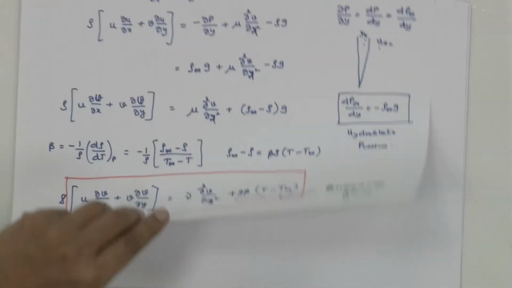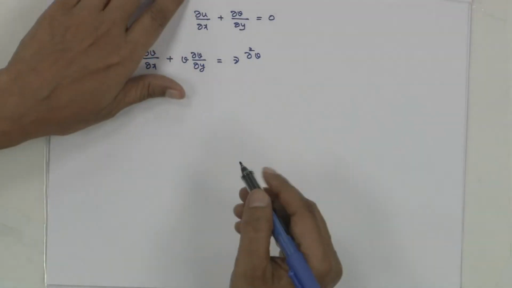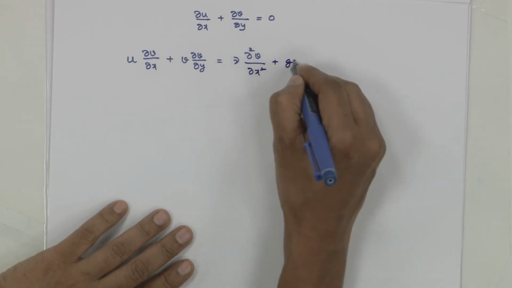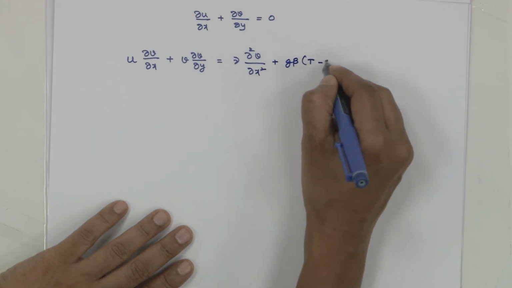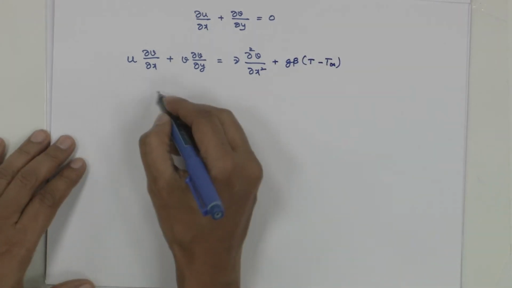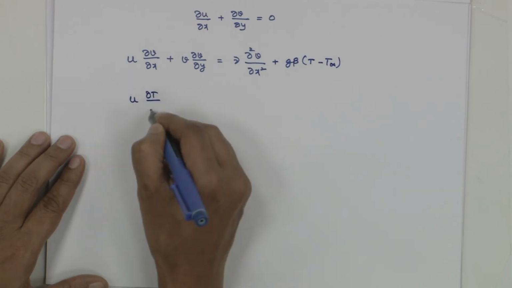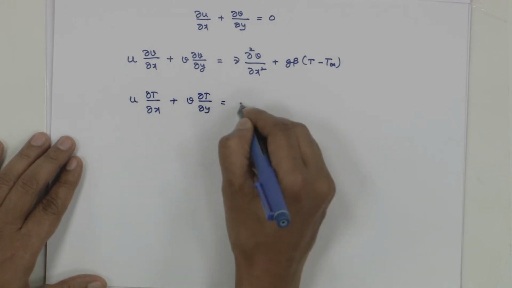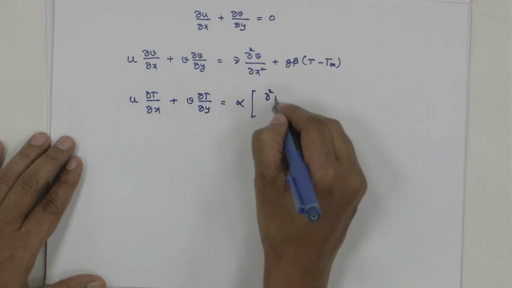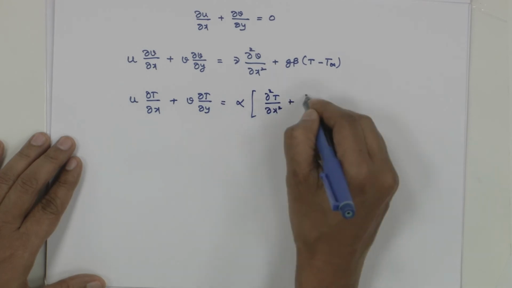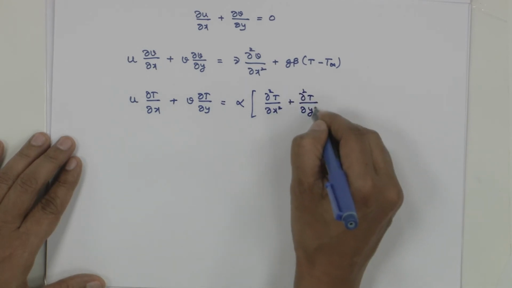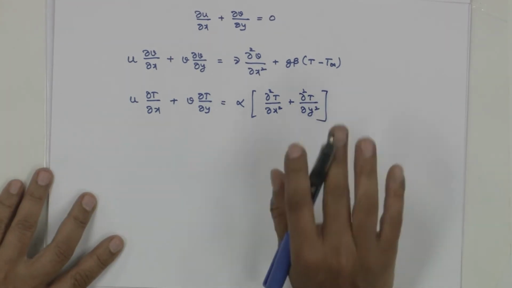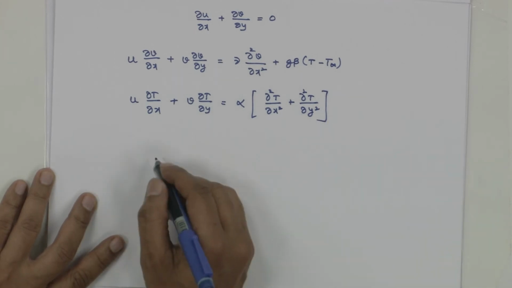So you have del squared v by del x squared plus g beta into (T minus T infinity). The energy equation is u del T by del x plus v del T by del y equal to alpha into (del squared T by del x squared plus del squared T by del y squared). With the same argument, actually I can neglect del squared T by del y squared also, but for now I am keeping it because I have not taken the energy equation yet.